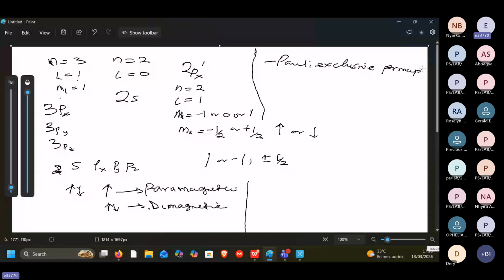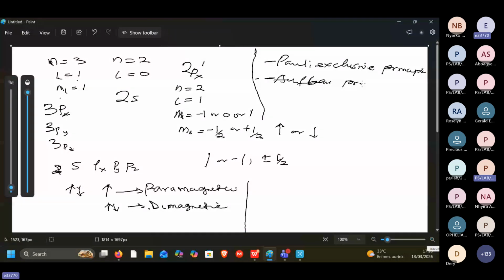Another principle which I want to mention is the Aufbau principle. So the Aufbau principle. And what is this Aufbau principle?